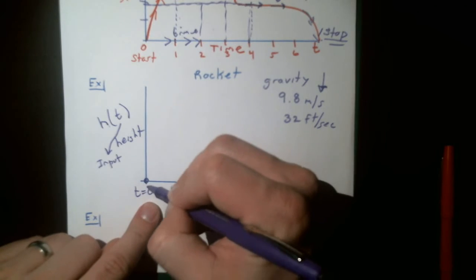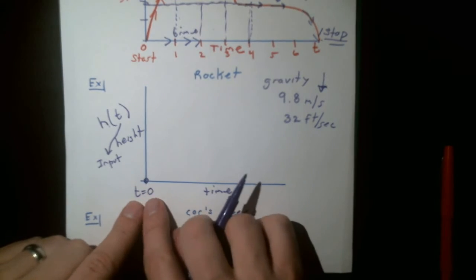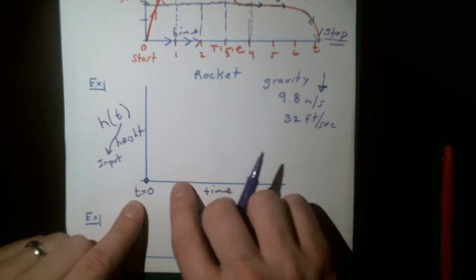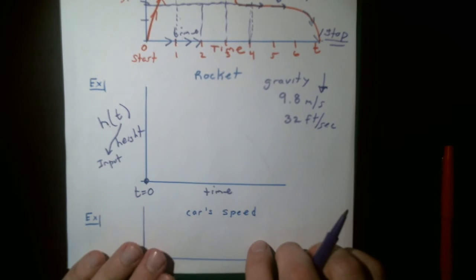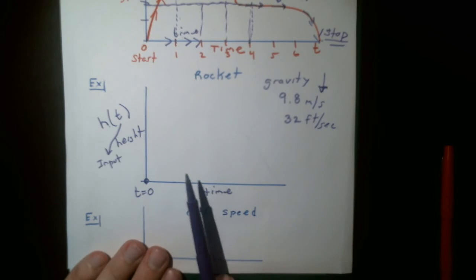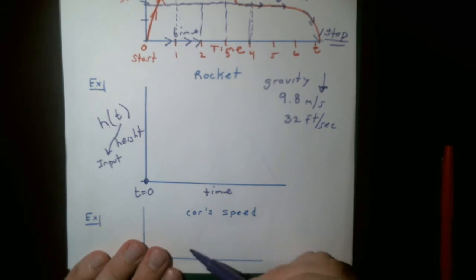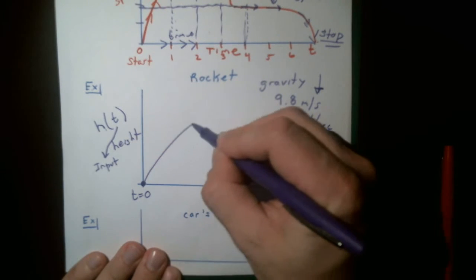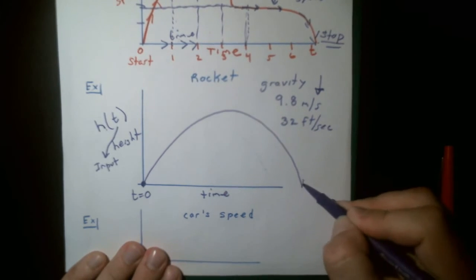That's the time. Well, each time you put a t in for the time, what happens to the height? Well, the height's at a certain position. So does it depend on time or height? Which one depends on the other? Well, the height depends on the time. That makes sense. So let's think about this. If we launch a rocket up in the air and it goes something like this, and it hits the ground.